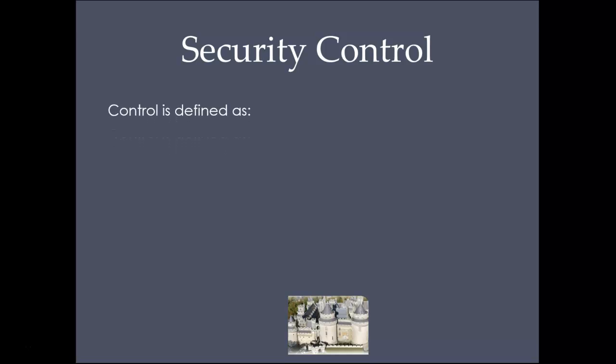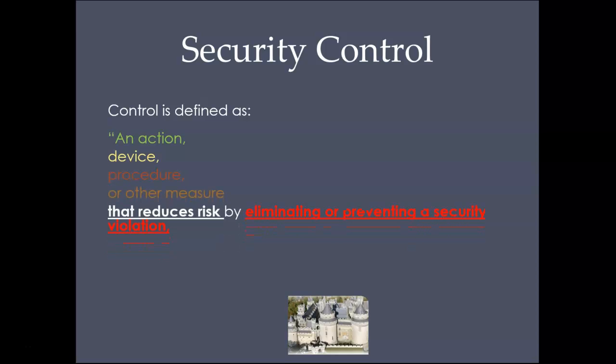How do we define it? It's an action, device, procedure, or other measure that reduces risks. So we use these actions, these devices, this procedure in order to reduce risk. And how is this done?